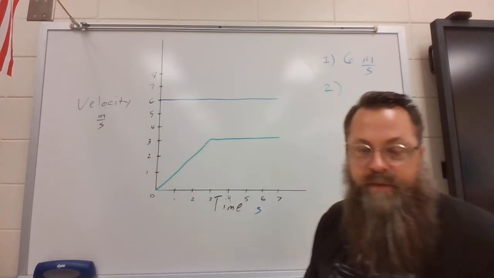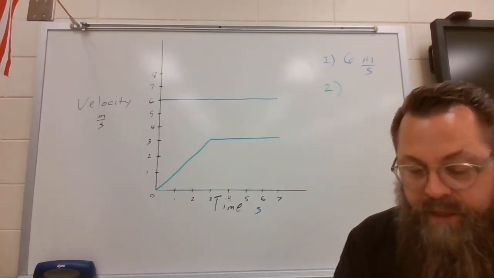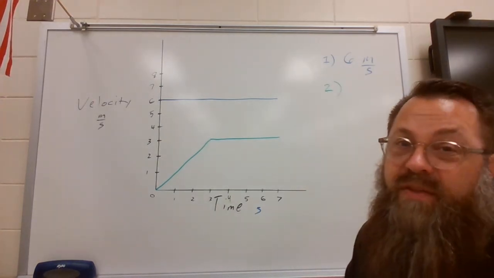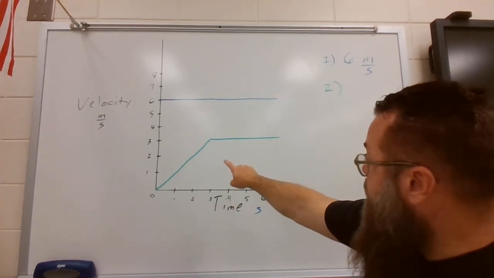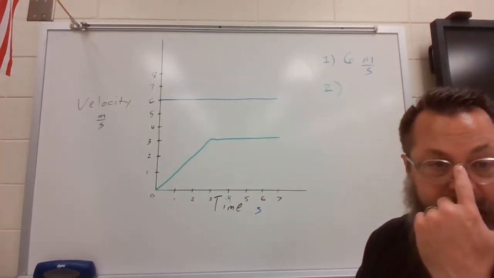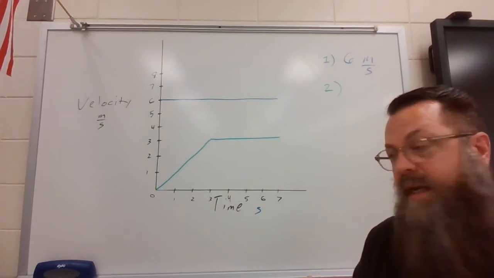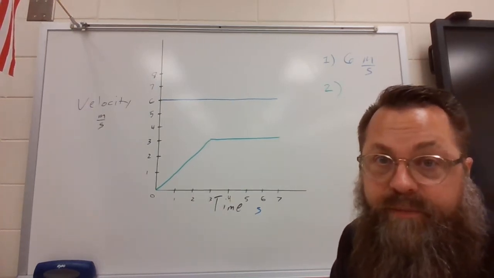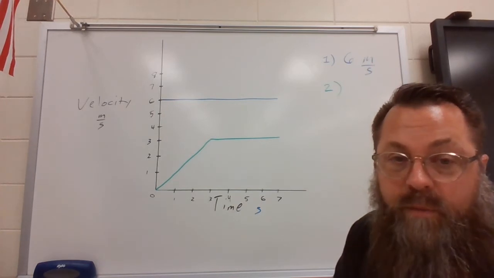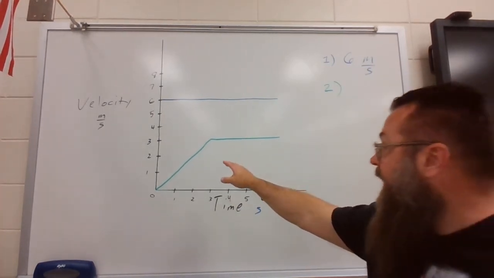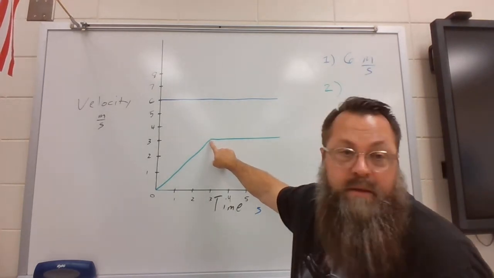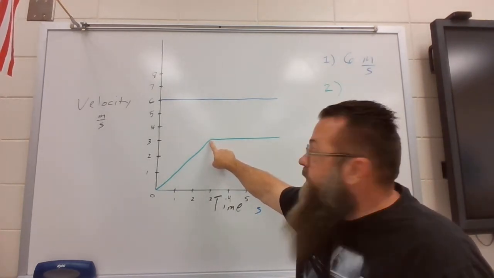Now let's say the graph continues, but changes in the way it looks. All right, so now this graph, still the same in the first 3 seconds, but now for the next 3 seconds, this graph is different. Why is it different? What's it done, right? This graph has now got 3 meters per second at second number 3.